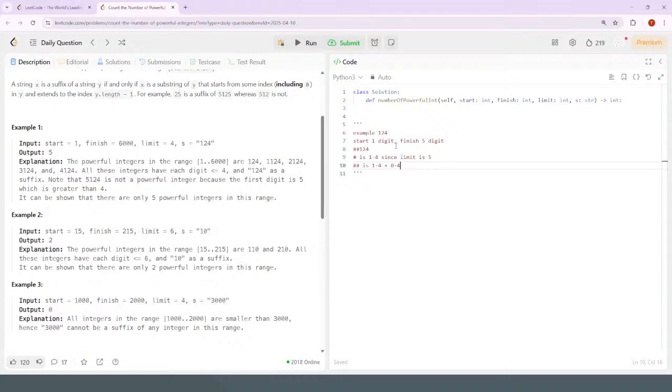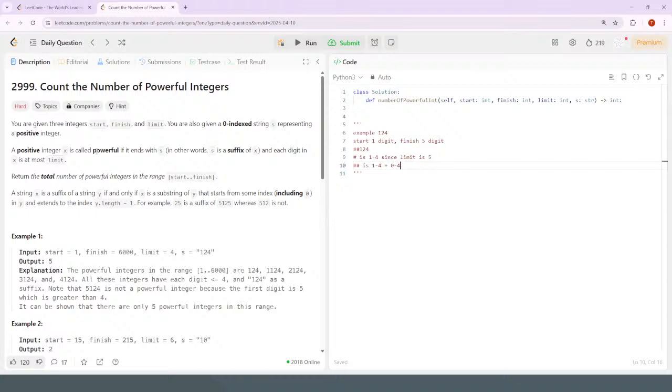So that's like 4 times 5 possibilities. Interesting. I wonder if it's possible to just have a formula for it, or do you have to do some sort of recursion?